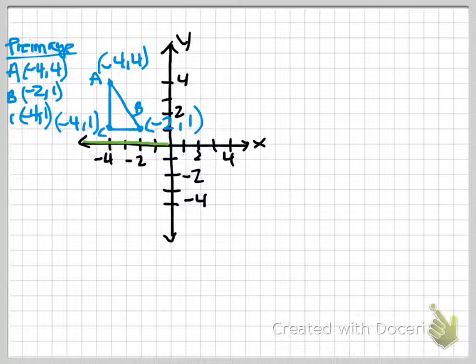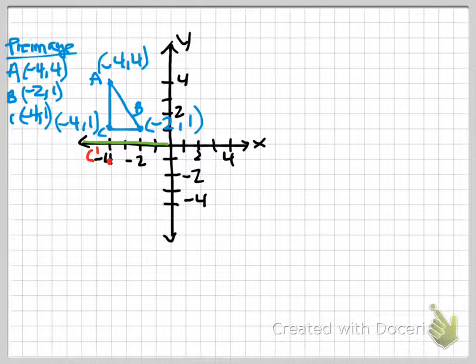So that makes C prime end up being here, 1 away from my line of reflection, because I was 1 above it in my pre-image, and my image is going to be 1 below it. So that's my C prime is going to be here.